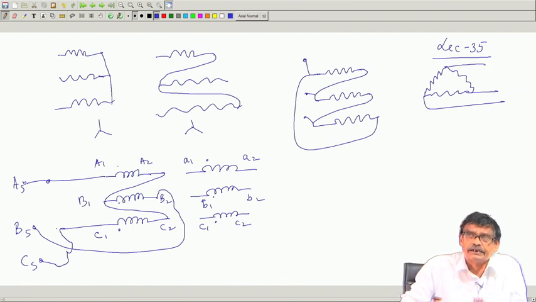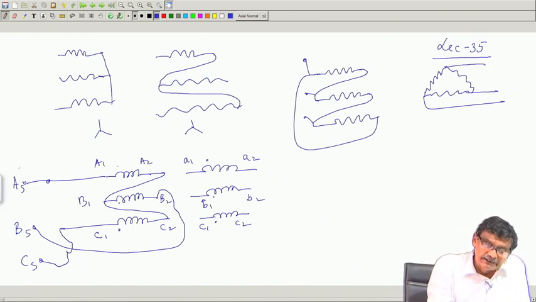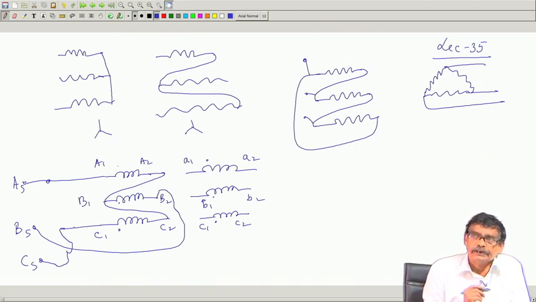Secondary he has not done anything. Now, in this case if you look carefully, the supply is a balanced three phase system, and you have connected like this.